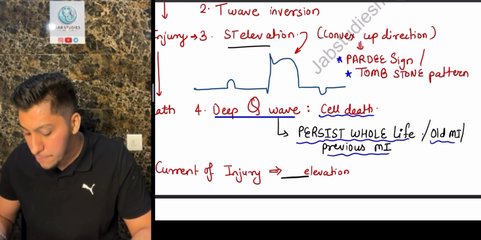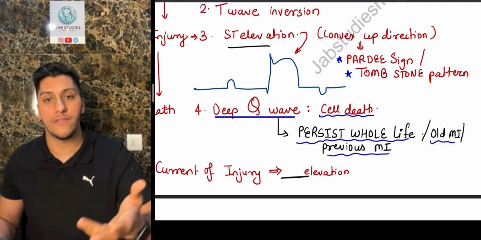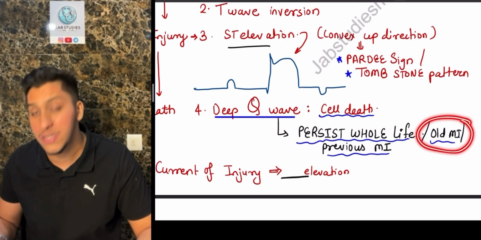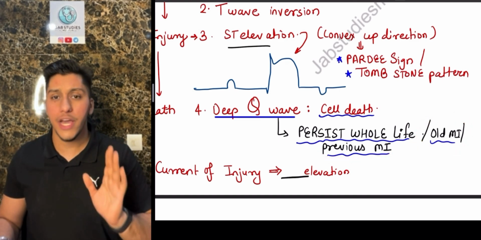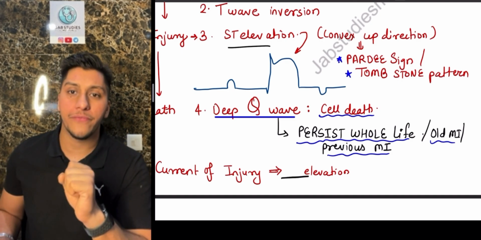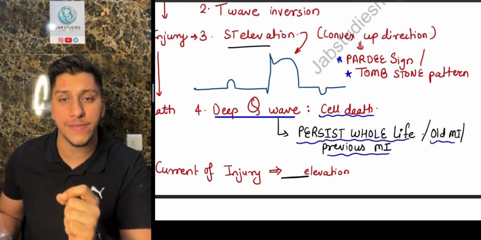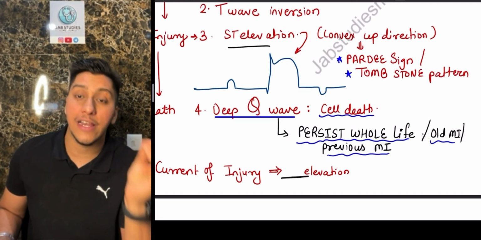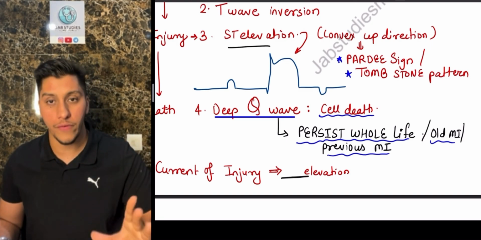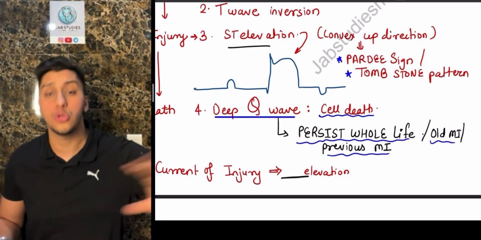If you see a patient who never came to you, and you see deep Q waves in the ECG, it means there was an old or previous MI. I hope you understood. So for myocardial infarction, the things you see are tall T waves, followed by T wave inversion, then ST elevation, and if there is cellular death, you will have deep Q waves, which are irreversible.